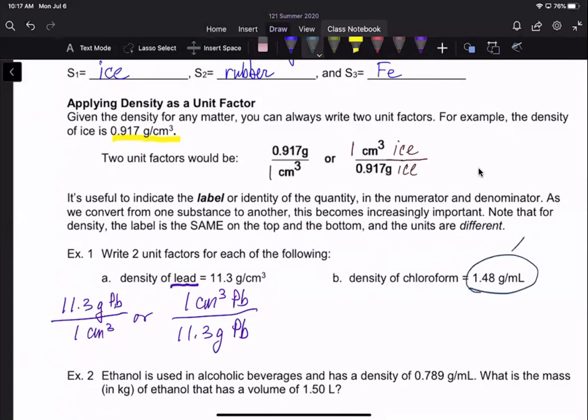Don't be fooled by that slanty line. We need a clear top and a clear bottom. So 1.48 grams of chloroform will take up 1 milliliter, or 1 milliliter of chloroform is 1.48 grams. So anytime we're looking for characteristics of chloroform, such as the mass or the volume, we could use that factor just like a unit factor.